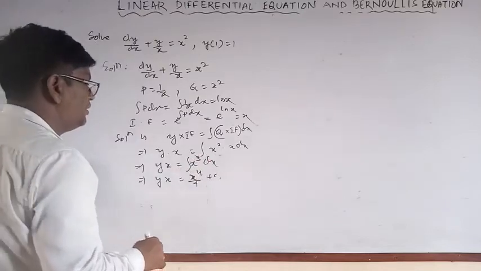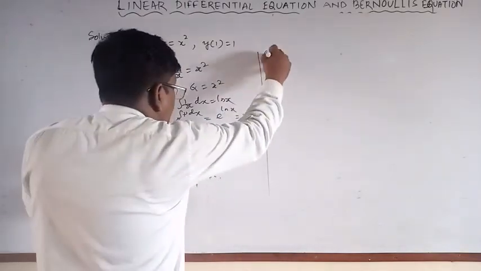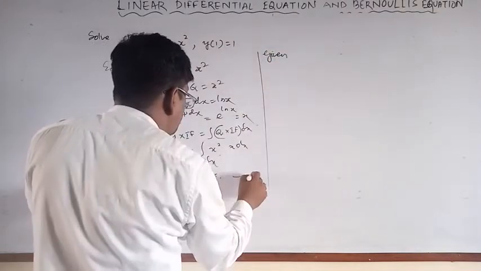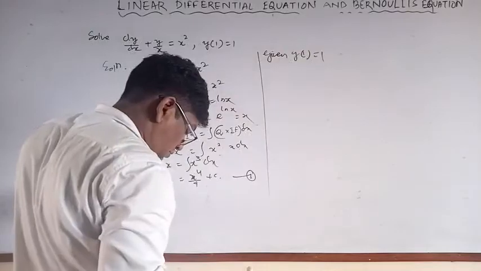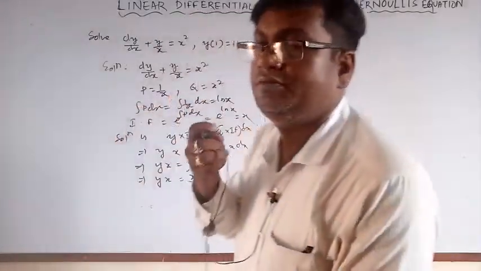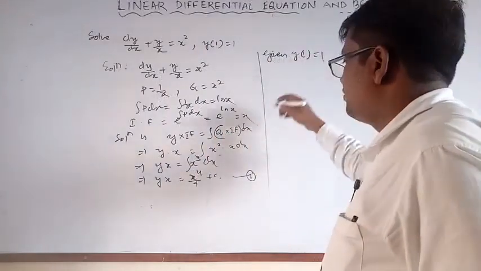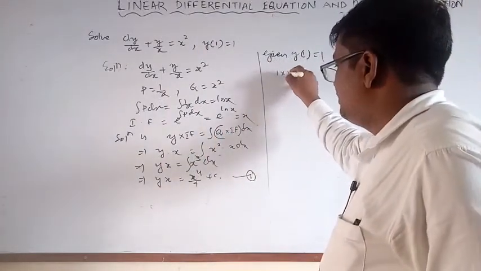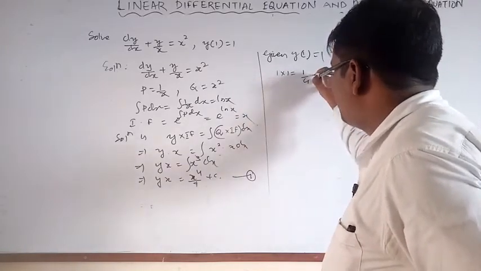Okay. Now, this is equation 1. Suppose it is given y of 1 is equal to 1. So put x equal to 1, y equal to 1. So 1 into 1 is equal to 1 by 4 plus c.